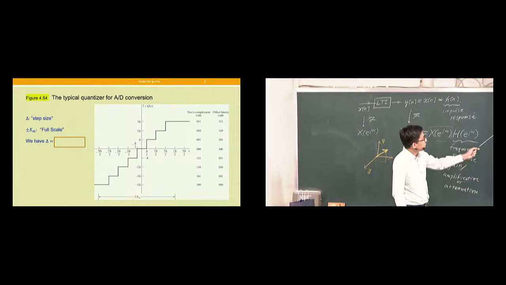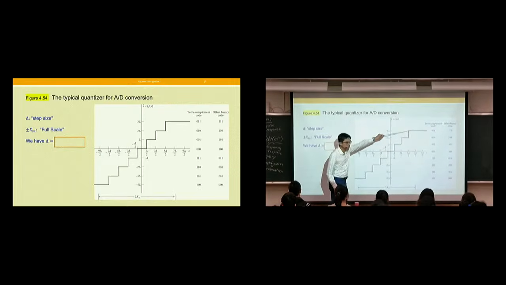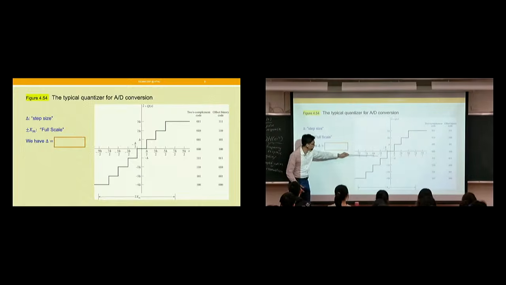But now we need to talk about our notation. Here delta has the name of step size. Each step is 1 delta, 2 delta, 3 delta. Going up by 1 step, going down by 1 step: minus delta, minus 2 delta, minus 4 delta. 8 different levels.